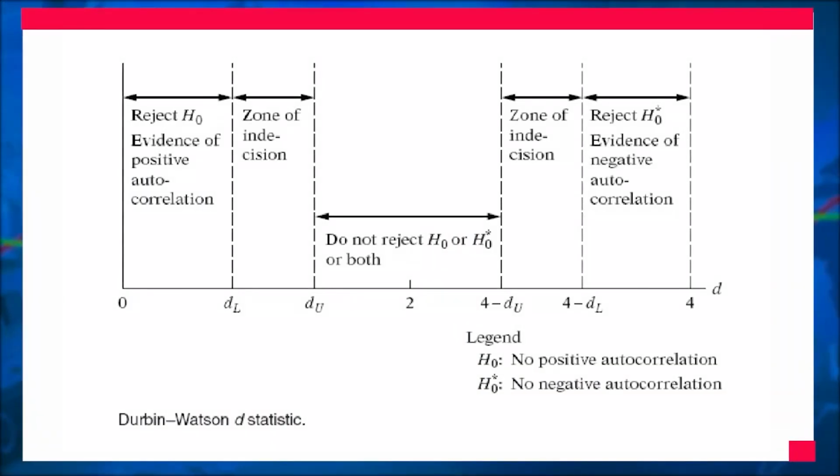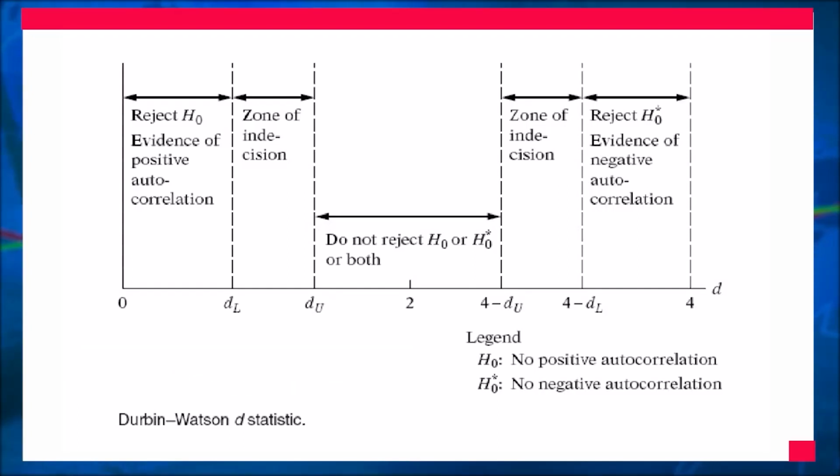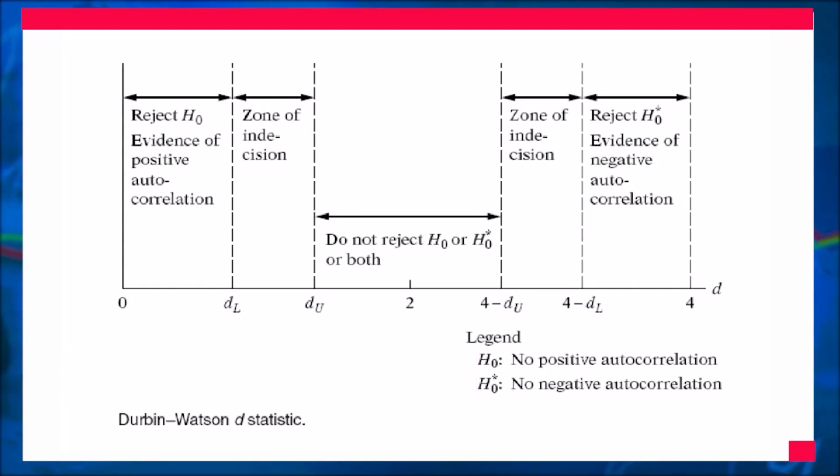In this slide, first if we concentrate on the range 0 to dL, where L is the lower limit, the autocorrelation coefficient is becoming positive, so we reject H naught if D lies between 0 and dL. Similarly, if the D statistic lies between 4 minus dL and 4, we do the same because of the presence of negative autocorrelation.